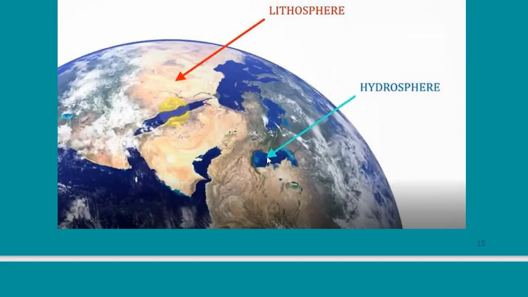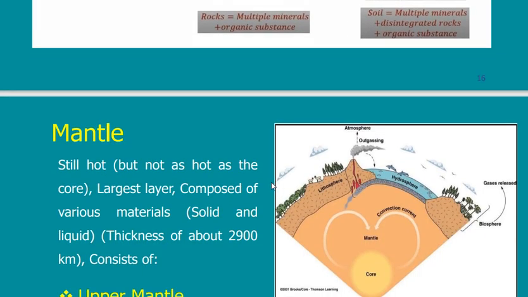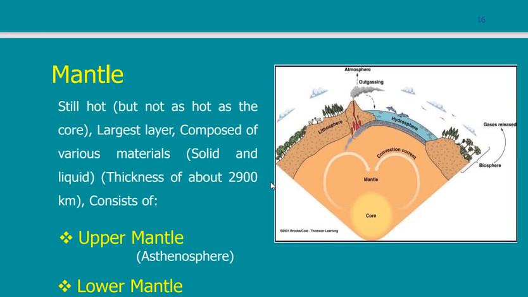The hydrosphere is water, and you all know the composition of water and what it may contain. So again, we come back to our figure here, just to remind you where we were standing. On top here we have the atmosphere.